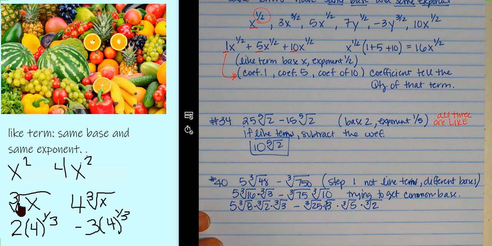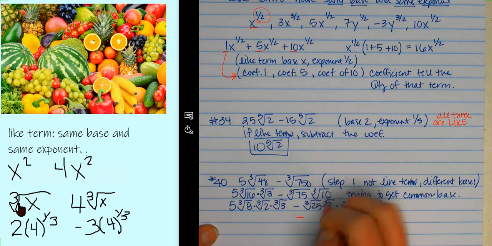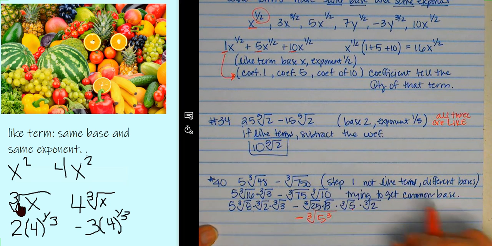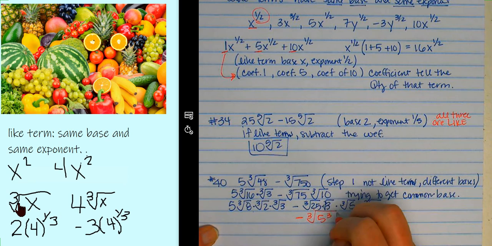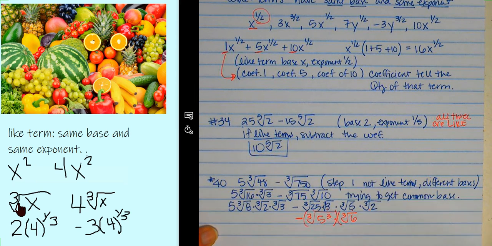And that's helpful because right here I have the cube root of 25 times 5. That's 5 squared times 5 to the first, which is 5 cubed, times the cube root of 3 times 2 is 6. There. So that was helpful.